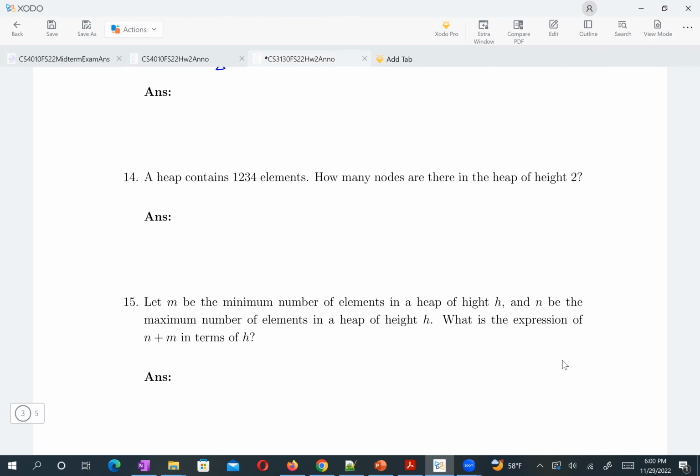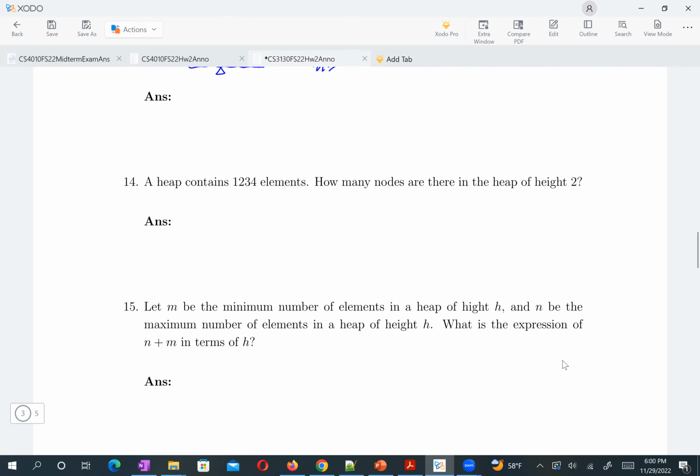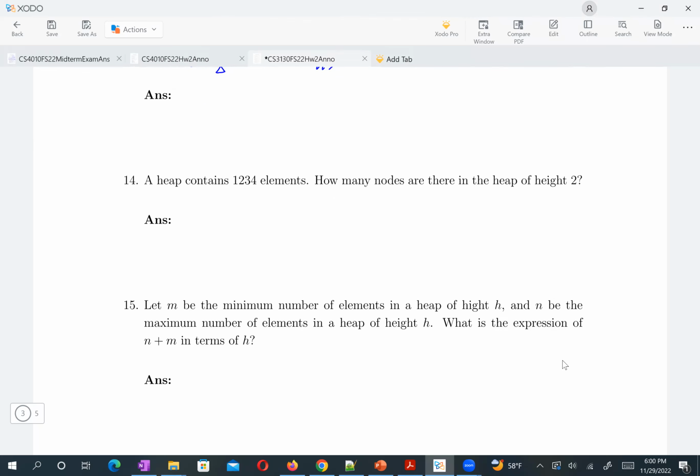Then next question. A heap with a certain number of nodes. Here we can just assume n equals this number. How many nodes are there in the heap of height 2? First, you need to know the height concept.